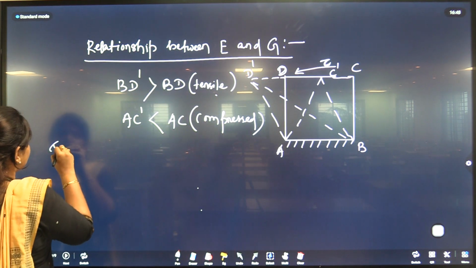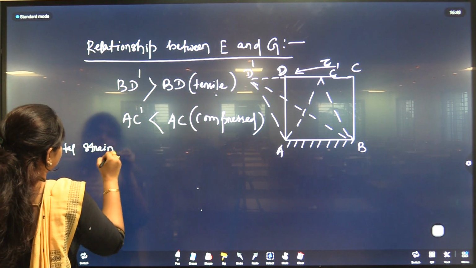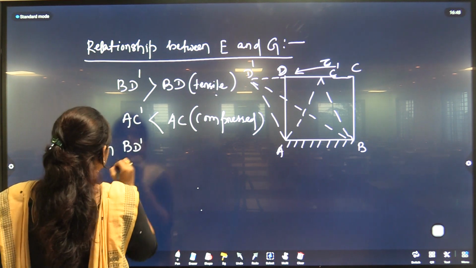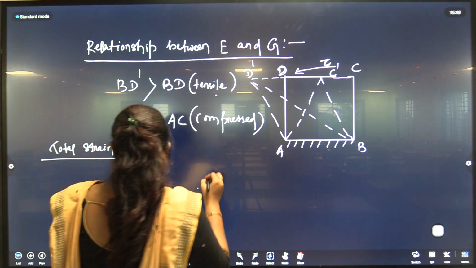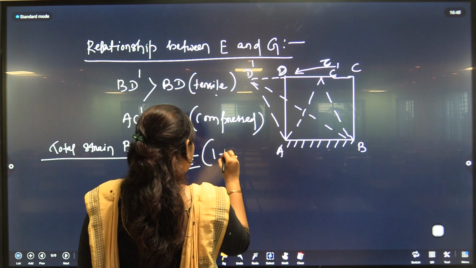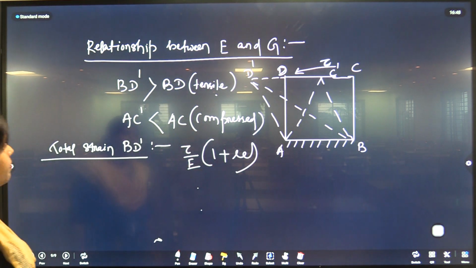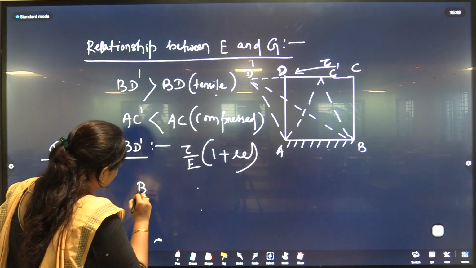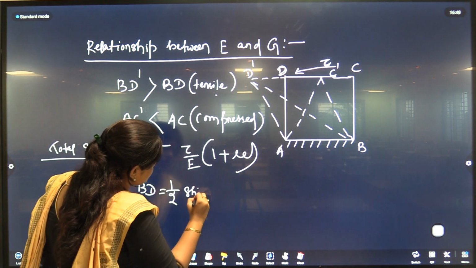So, the total strain in case of BD dash will become tau by E into 1 plus mu.